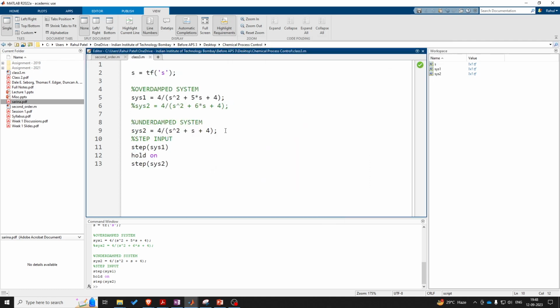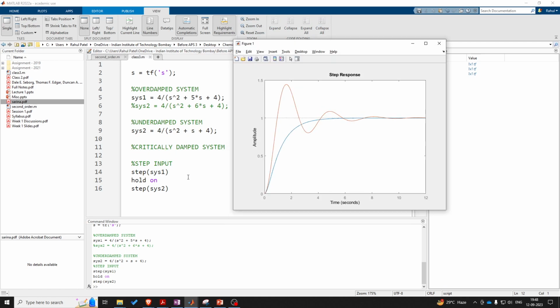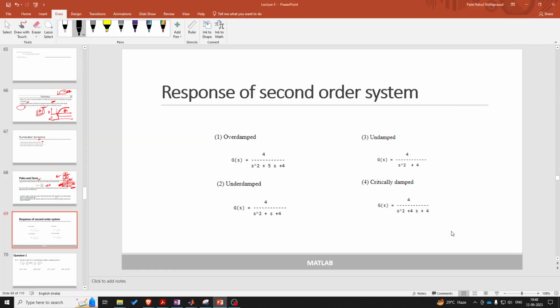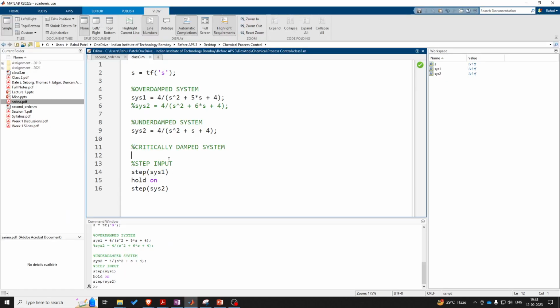Now we can study this critically damped system also. So the critically damped system is given by the middle term as 4.